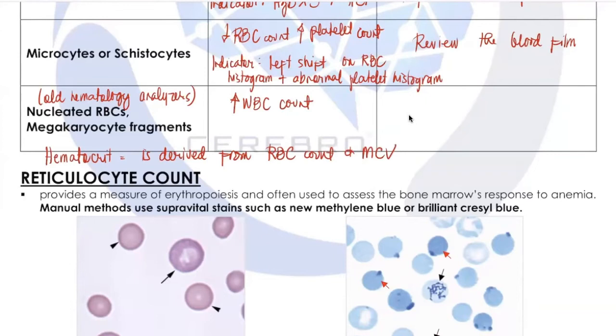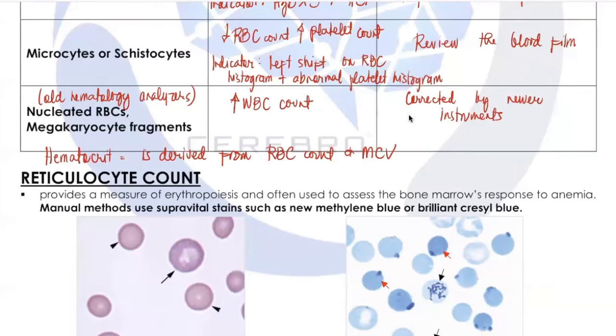Again, ulitin ko yung point ko, this will only affect the old hematology analyzers because this particular interference is already corrected by newer instruments, because they are able to count nucleated red blood cells already. Those are just some of the interferences that we need to know about our hematology analyzers.